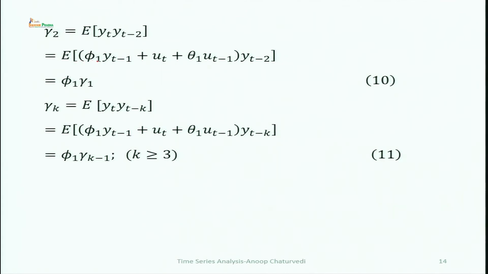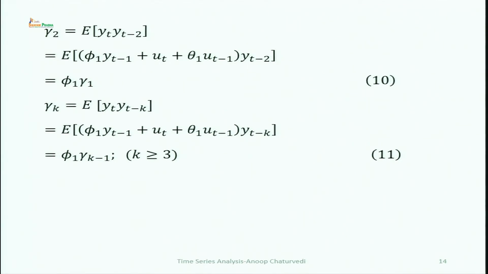So, expectation of this term, phi 1 expectation of y t minus 1 y t minus 2, is equal to gamma 1. Expectation of u t y t minus 2 is 0, and expectation of u t minus 1 y t minus 2 is also 0. So, you get gamma 2 equal to phi 1 gamma 1.